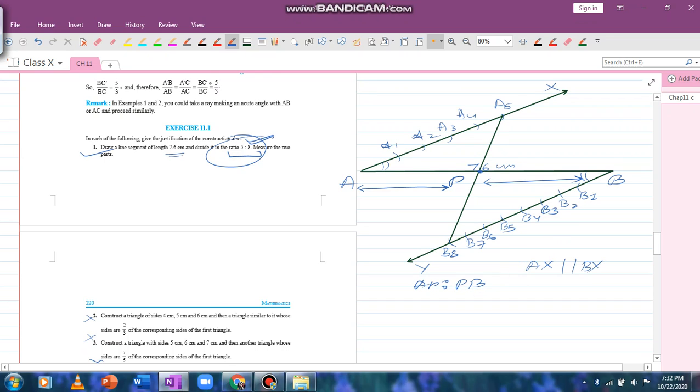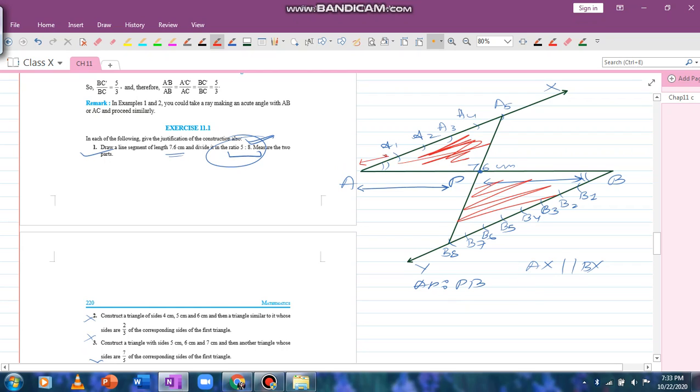For that, I'm going to apply the rules of similarity. So I'll be taking the triangle APA5 and the triangle BPB8. So I'm going to prove that these two triangles are similar and the ratio of its sides is 5:8.